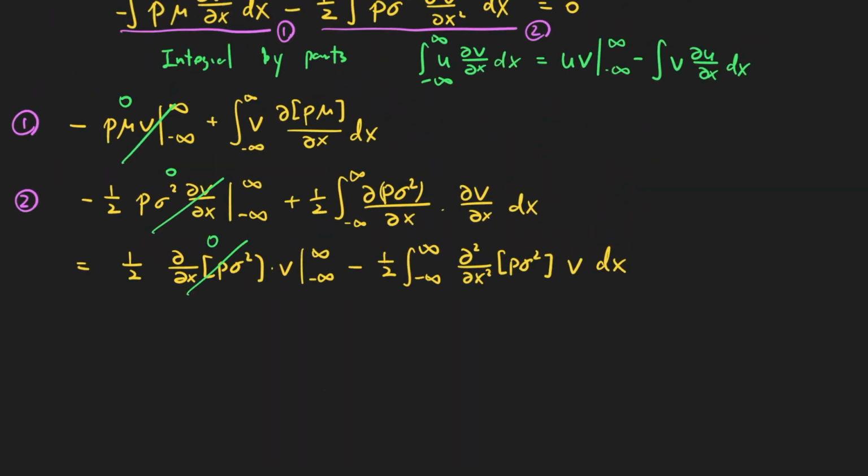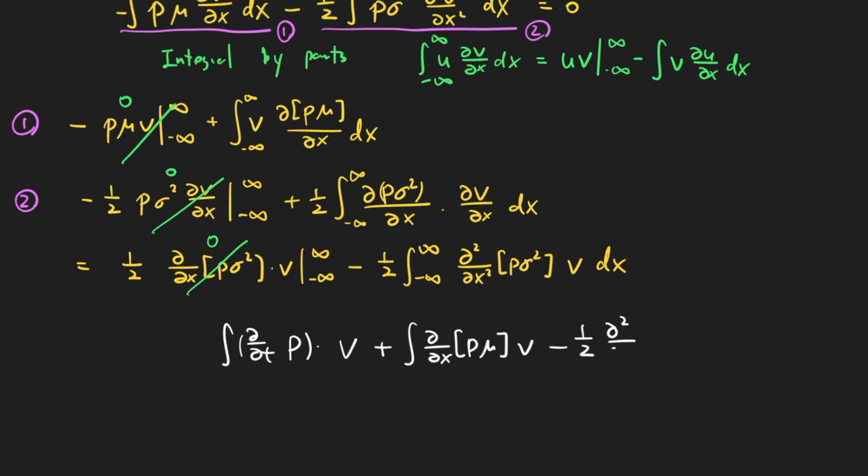So we'll have partial t acting on p times v, plus, we're just going to copy these equations, partial x acting on p times mu times v, minus a half partial x square of p times sigma square times v.